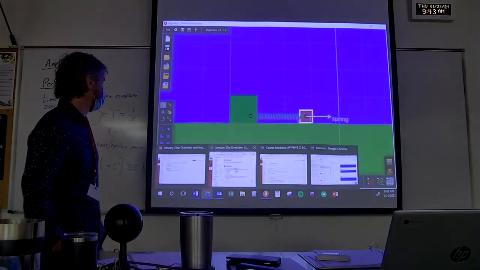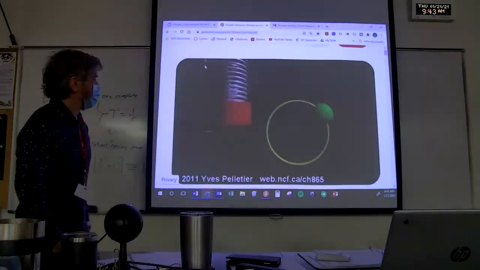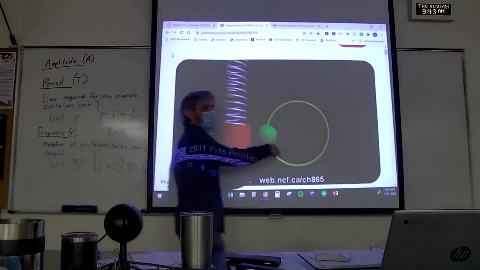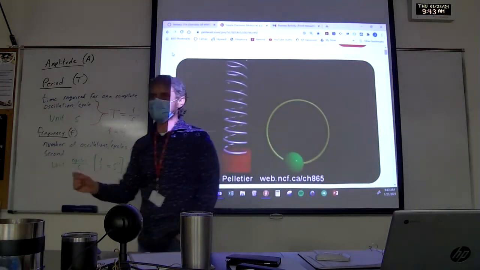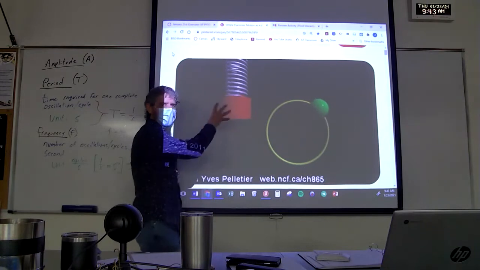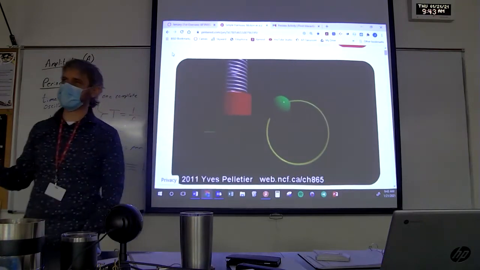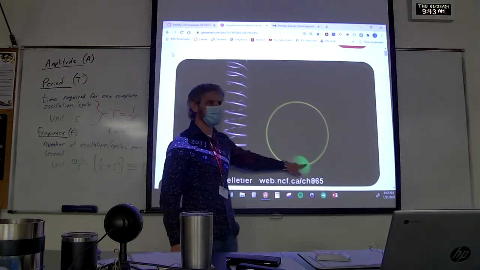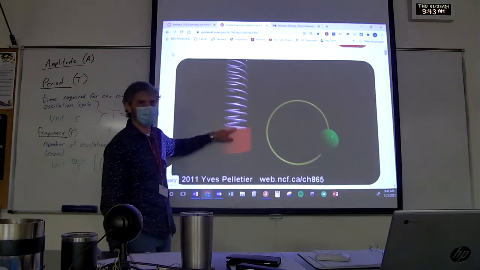Turns out that if we take a mass spring oscillator and an object undergoing uniform circular motion, meaning constant speed motion in a circle, and we make sure that the two have the same period, then the vertical position of this mass will match the position of the mass here.